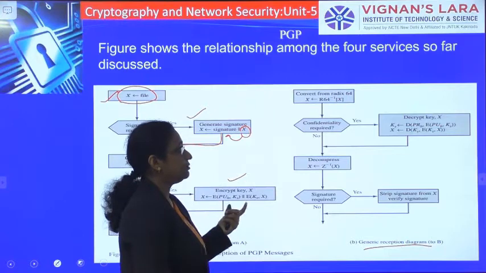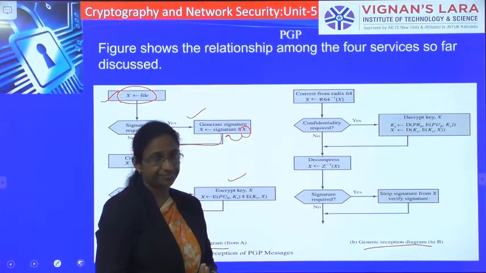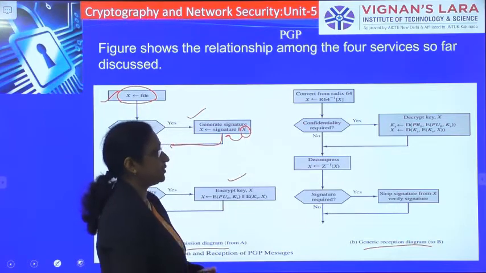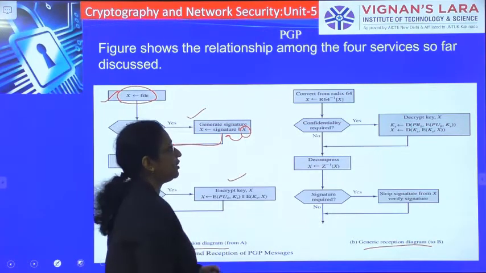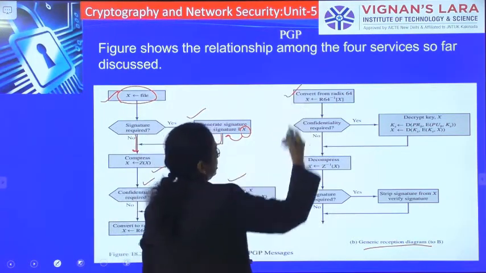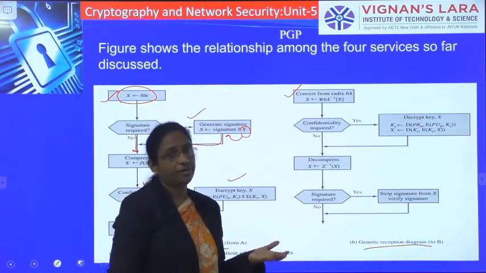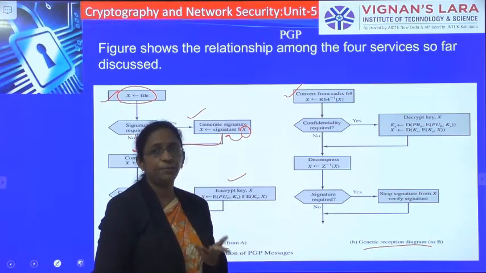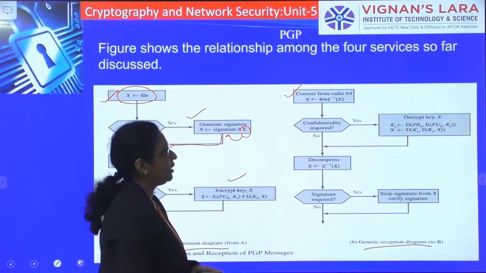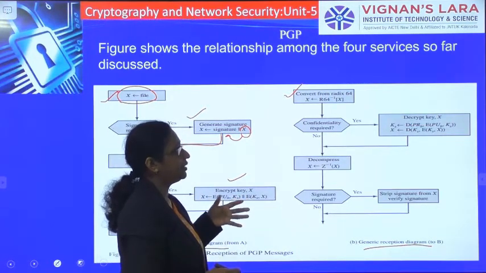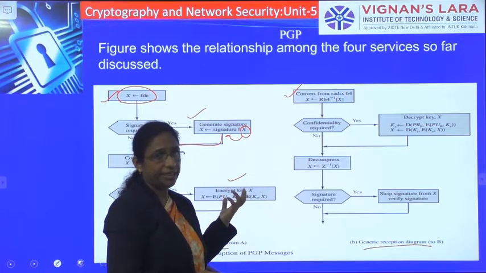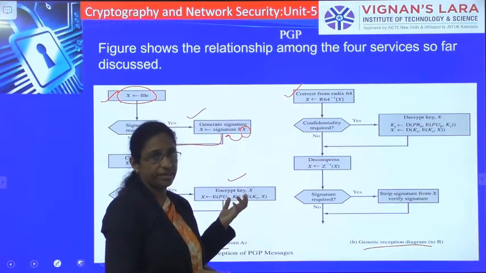As soon as he receives the data, the first step is converting from Radix 64. That means the printable characters are converted back into a binary string. So we do the inverse of Radix 64, and with that we get a binary string of X.